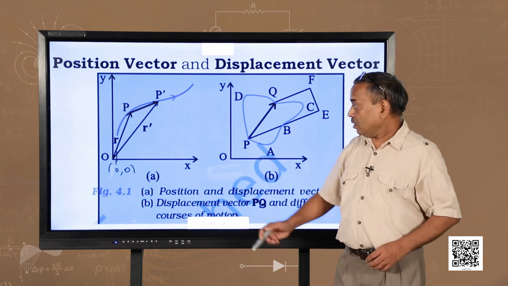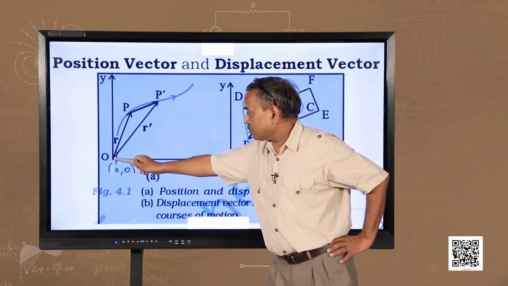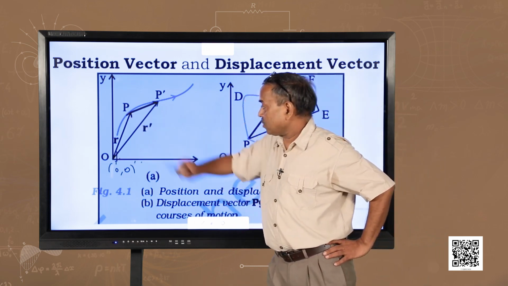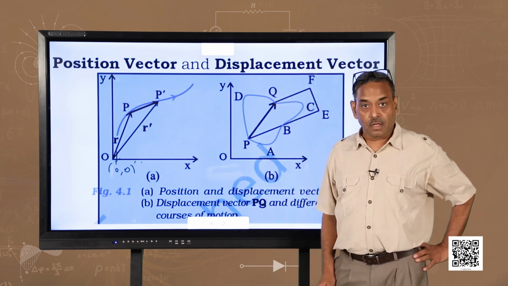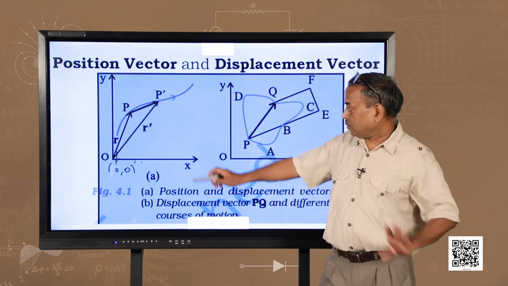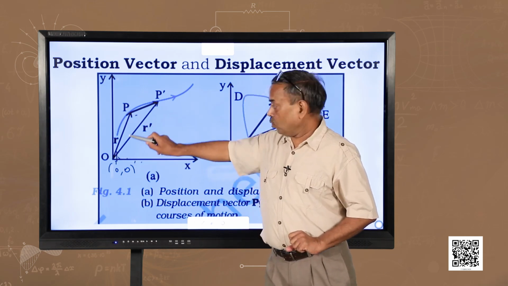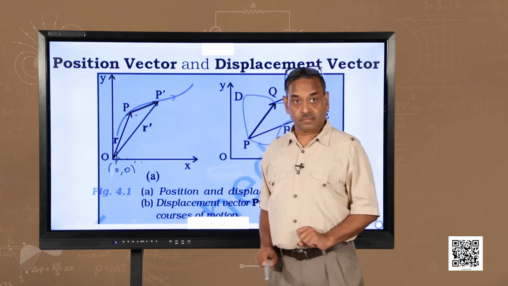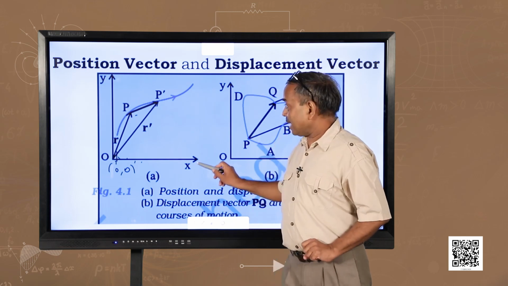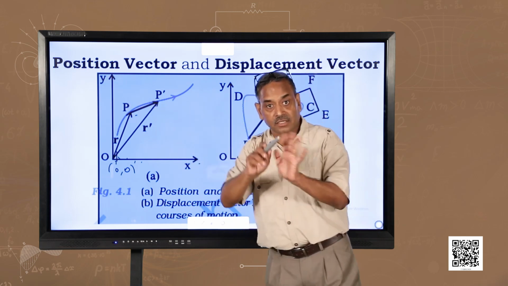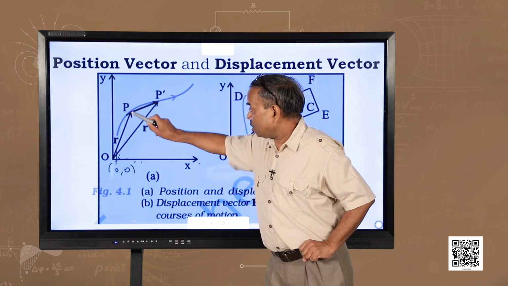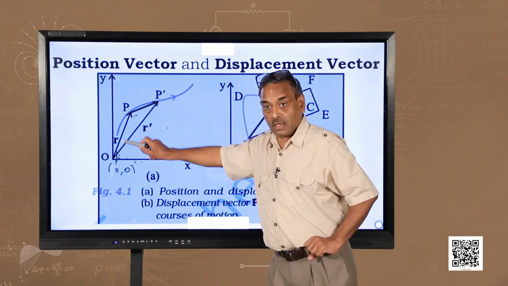Now, if an object starts moving from this point and reaches point P, we get OP, whose magnitude is r. Say this is the x direction and this is the y direction, an x-y Cartesian coordinate system. This is called the position vector OP.